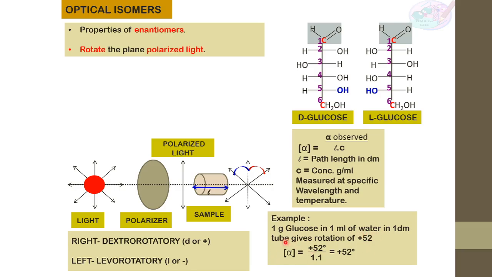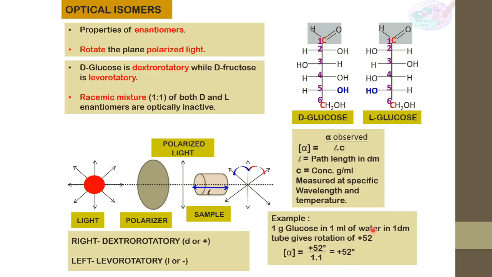Then you can calculate the specific rotation per unit length of the tube and per unit concentration of the sugar by just dividing using this formula, plus 52 by 1 into 1. 1 is the length and 1 is the concentration of sugar. So finally you will get the value of 52 degrees, which means this sugar is rotating the light in the right direction because it's positive, and at an angle of 52 degrees.